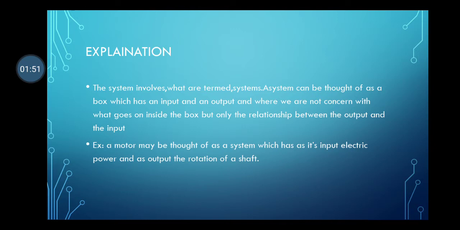The system involves what are termed systems. A system can be thought of as a box which has an input and an output, and where we are not concerned with what goes on inside the box, but only the relationship between the output and the input.